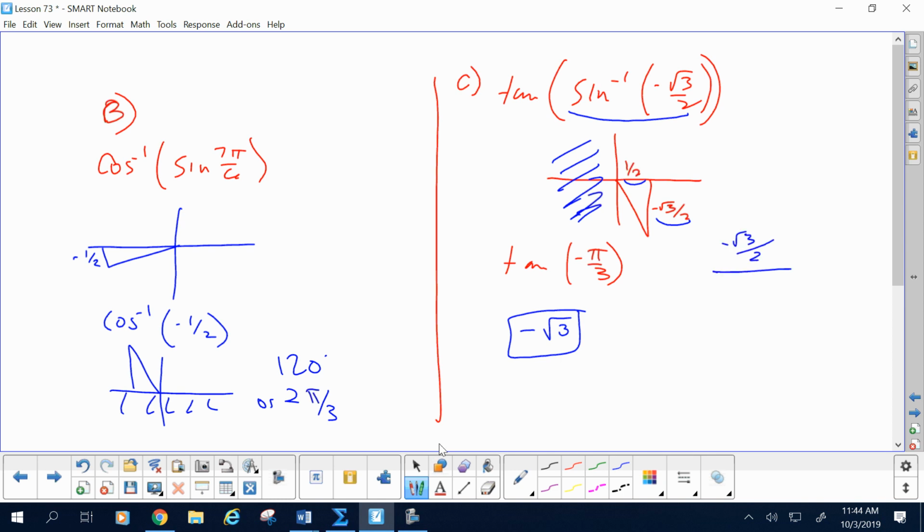You did it wrong. Sine is this, cosine is that. And then don't you move them over? So it is negative root 3. Okay, yay! And this is an asymptote.